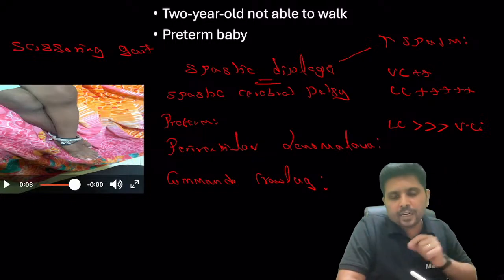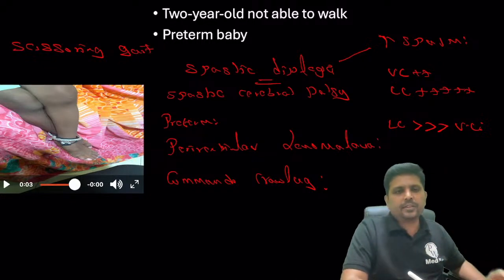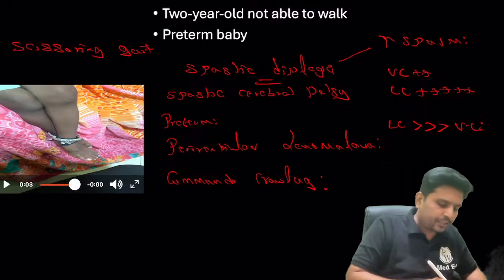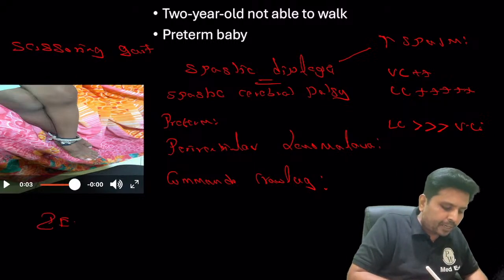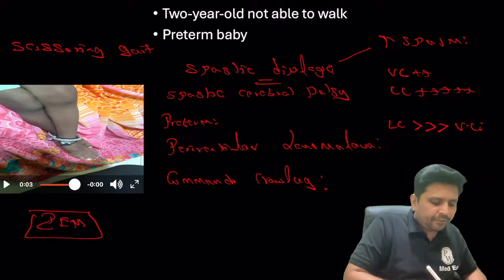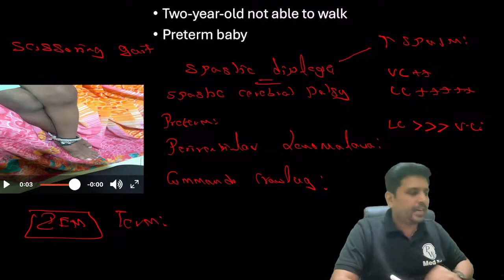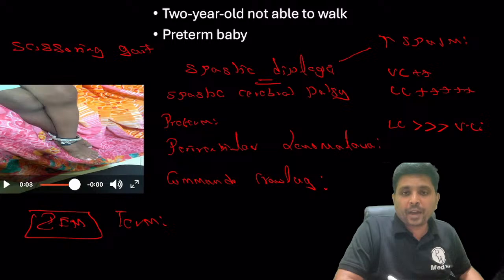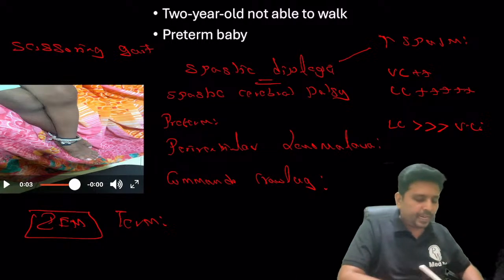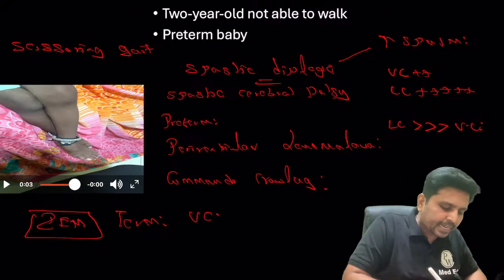Right. One more condition that can mimic this spastic diplegia is an inborn error of metabolism. Preterm spastic diplegia is common. But when a term baby comes with spastic diplegia, it is a urea cycle disorder.